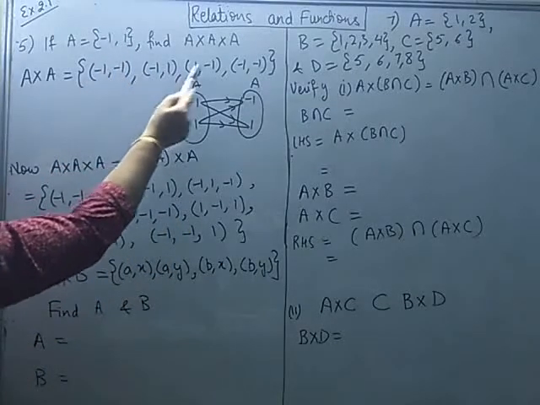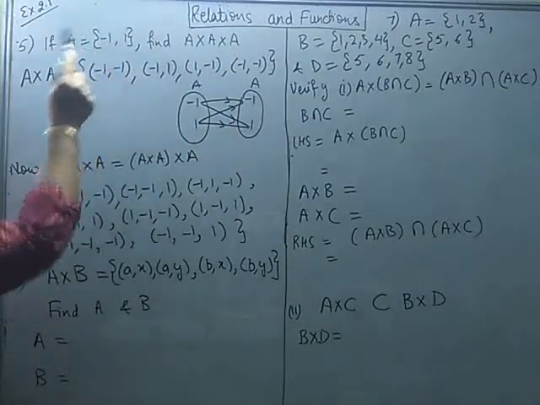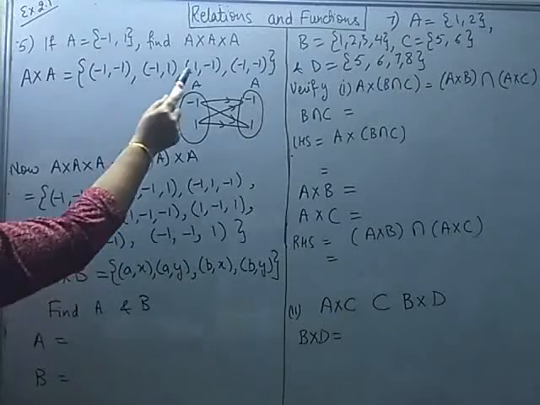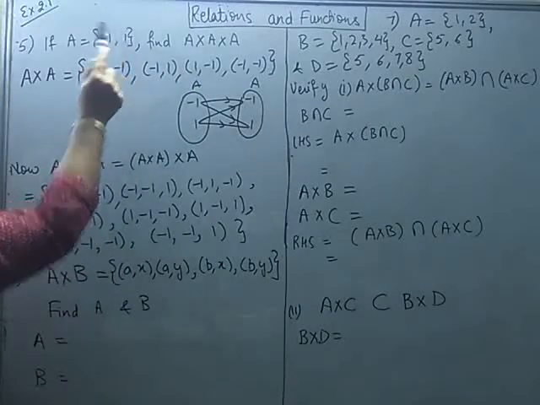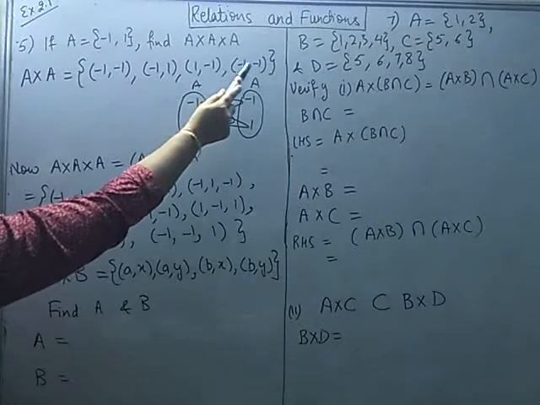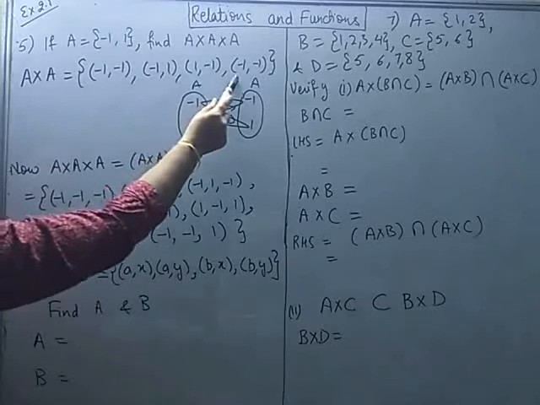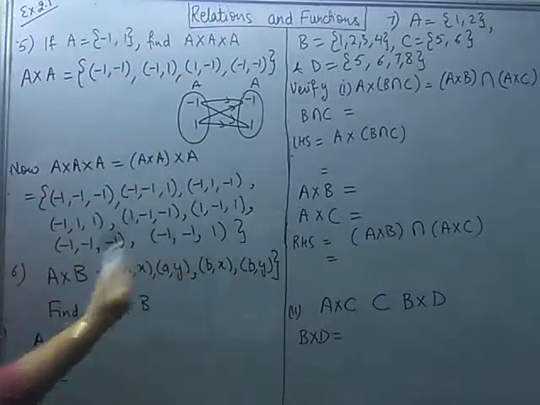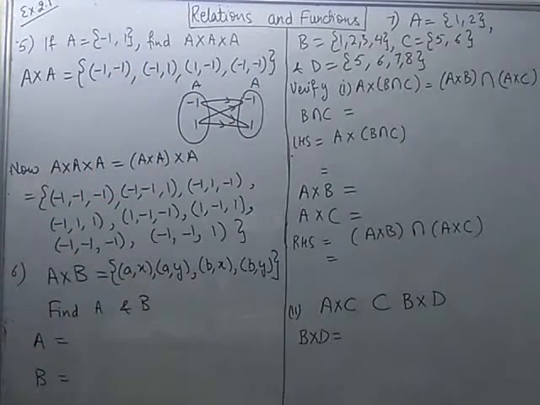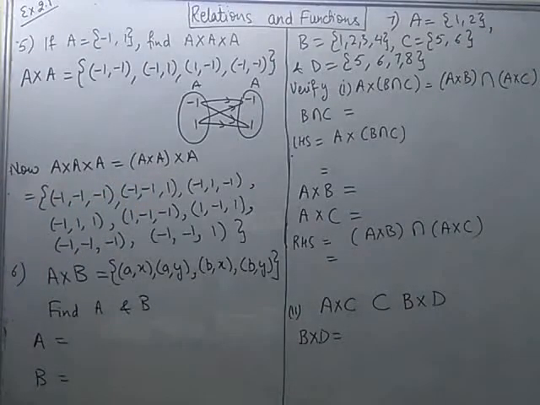Then 2 pairs from here, another 2 pairs from here: 1, minus 1, minus 1, here it is; then 1, minus 1, 1, that's here. Then the last pair, 1, 1 pairing with minus 1, and 1, 1 pairing with 1. So this is the Cartesian product of A with A, and then its Cartesian product with A.